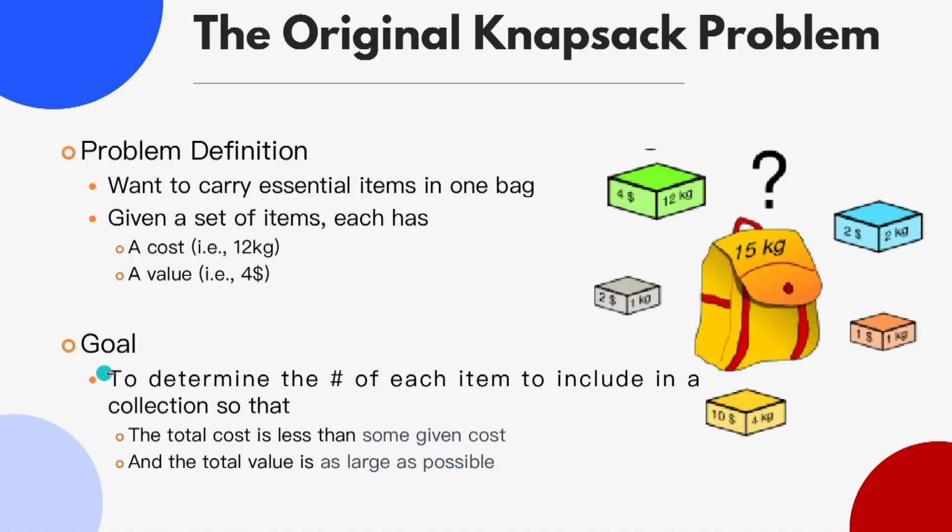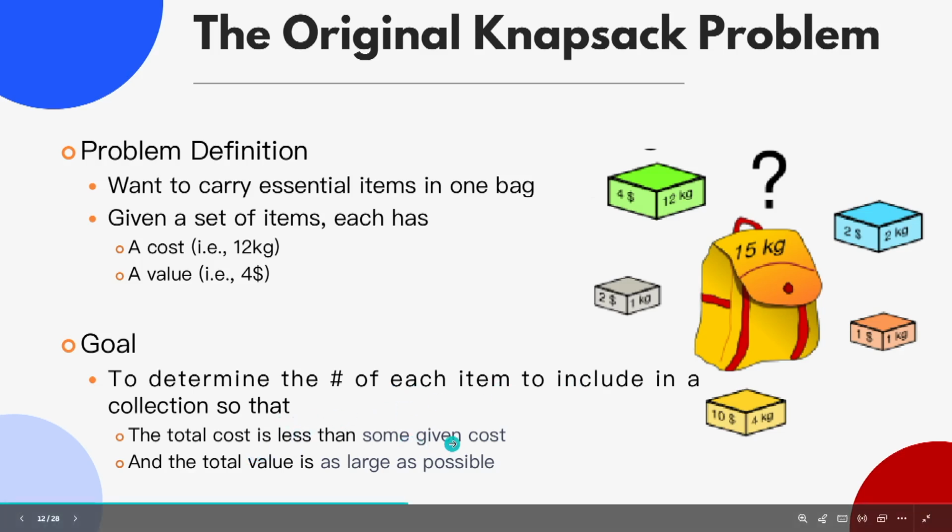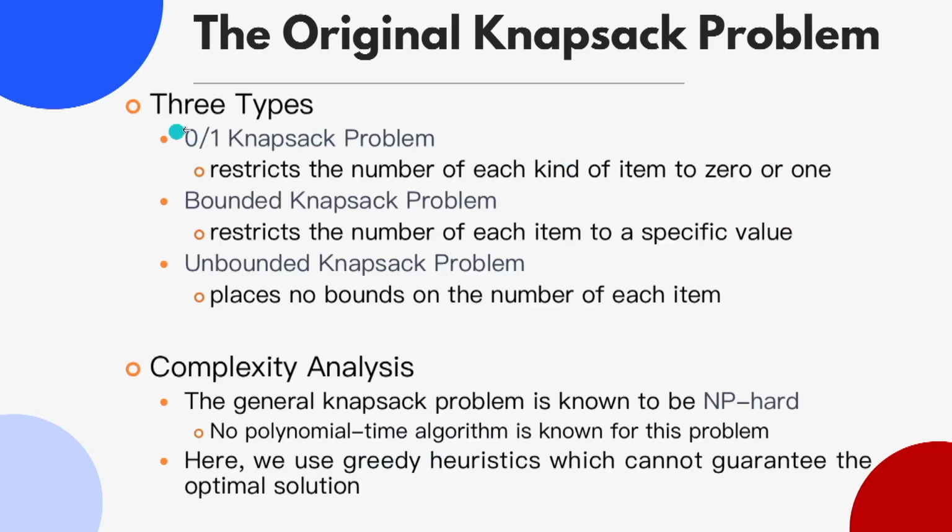Here the goal is to determine the number of every item to include in the collection, so that the total cost is less than the given limit and the total value is as large as possible. There are different kinds of knapsack problem; we say there are 3 types.